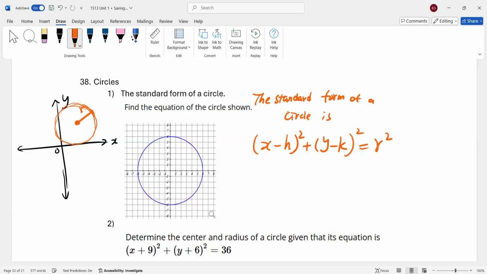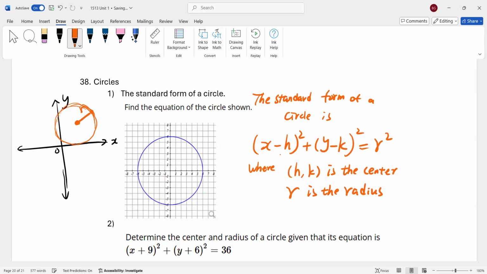The important parameters that determine a circle in a graph are the center and the radius, right? Once the center and the radius are determined, the circle is certain. And what is the center? (h, k) is the center. r is the radius.